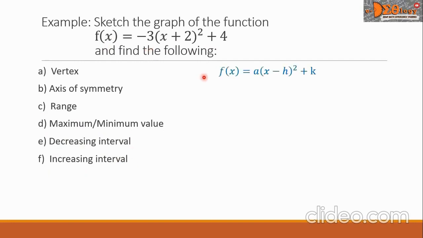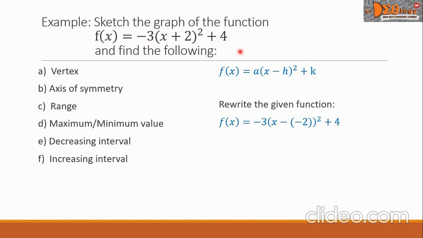From the standard form of the quadratic function, as written here, we can collect the vertex immediately. However, let us make sure that the given function is in the standard form, or we may rewrite the given function the same way as our standard form, and it will be like this.